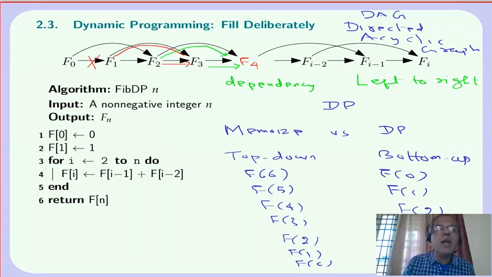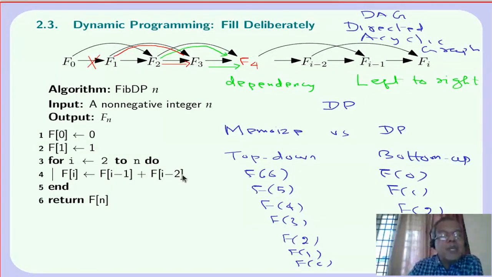By the way, this Fibonacci number calculation can be improved slightly. Do we really need a table to store the values? After all, every time we want to calculate an Fi, we need only two subproblems, two immediate predecessors, Fi minus 1, Fi minus 2. We are not interested in Fi minus 3, Fi minus 4, and so on.